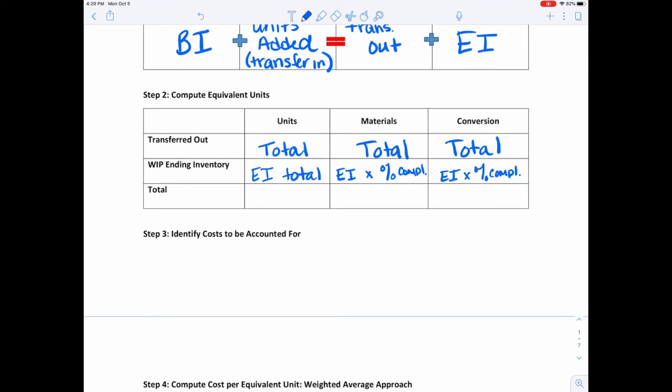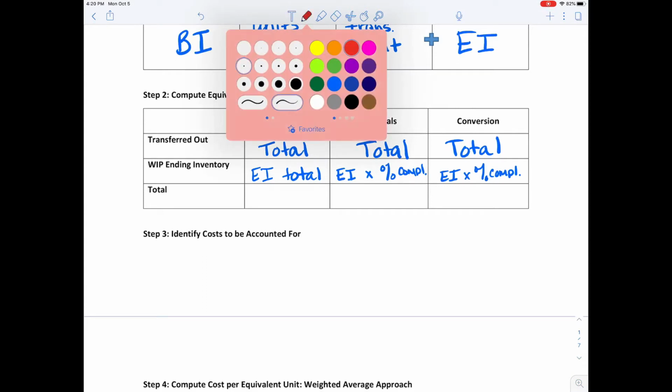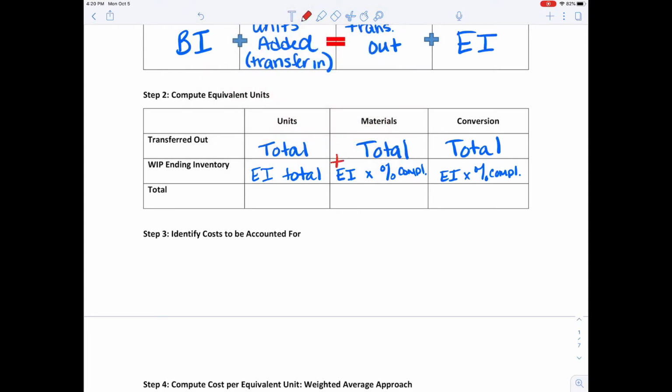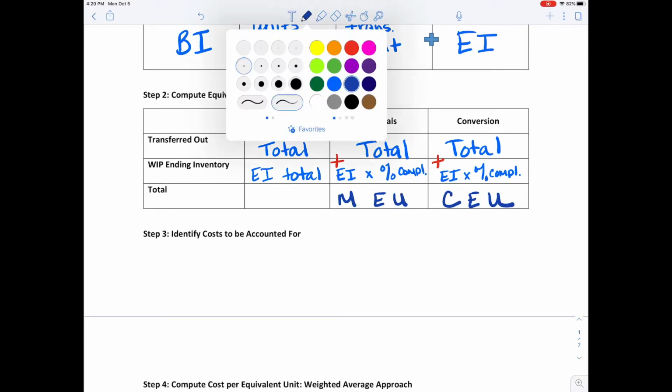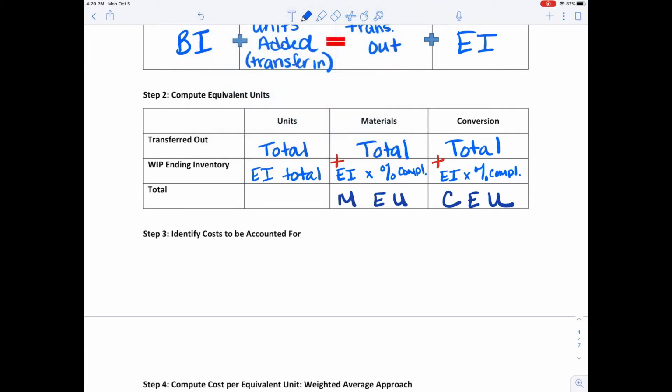We're going to then come down and add these together. Let me switch this up. We're going to add this together, and that's going to give us our materials equivalent units, or our conversion equivalent units. I'm going to use these abbreviations because I write too big, so hopefully that will help you.